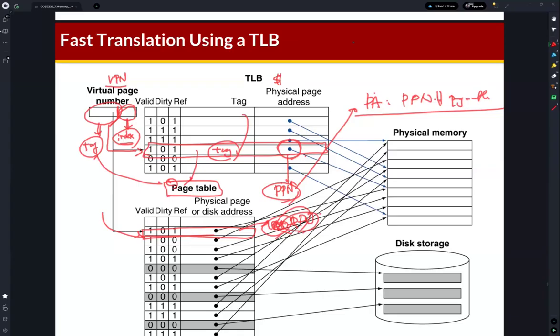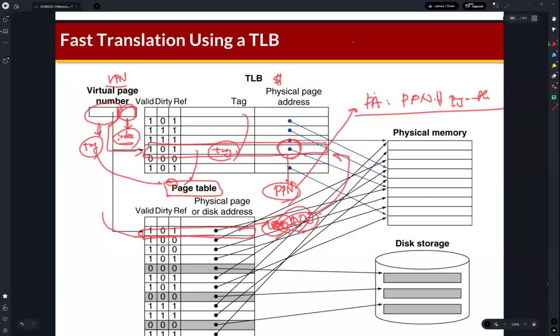Then the TLB miss is resolved, and this information is allocated in the TLB. Because the page table needs to be accessed, it will take many cycles.